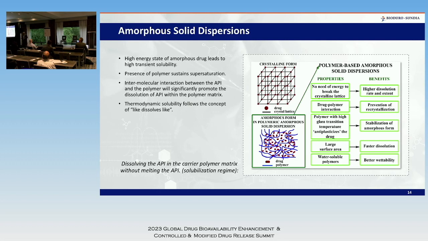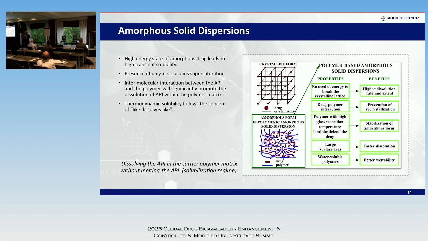So when we talk about amorphous solid dispersion, of course, we are all familiar. I'm not going to preach to the choir about the fact that what we do is we break the crystal lattice of the drug, we disperse it within the polymer. But one myth that I have always heard about amorphous solid dispersion is that we have to just worry about the Tg and have the polymer with the highest Tg.